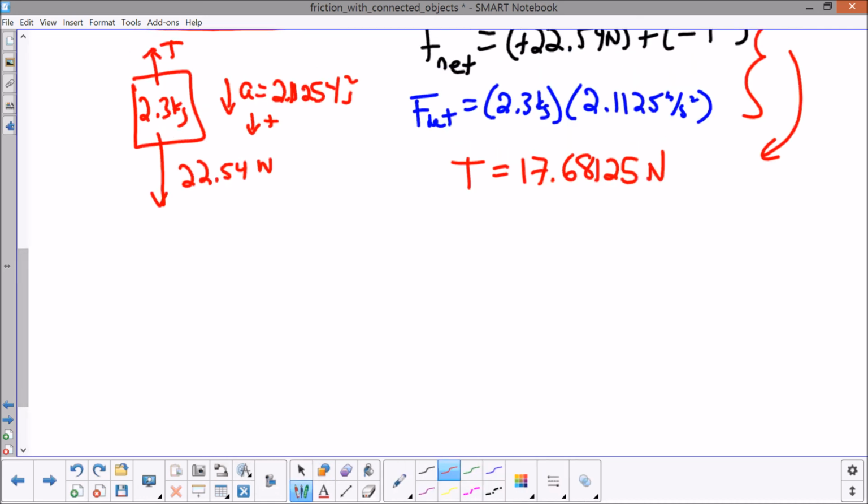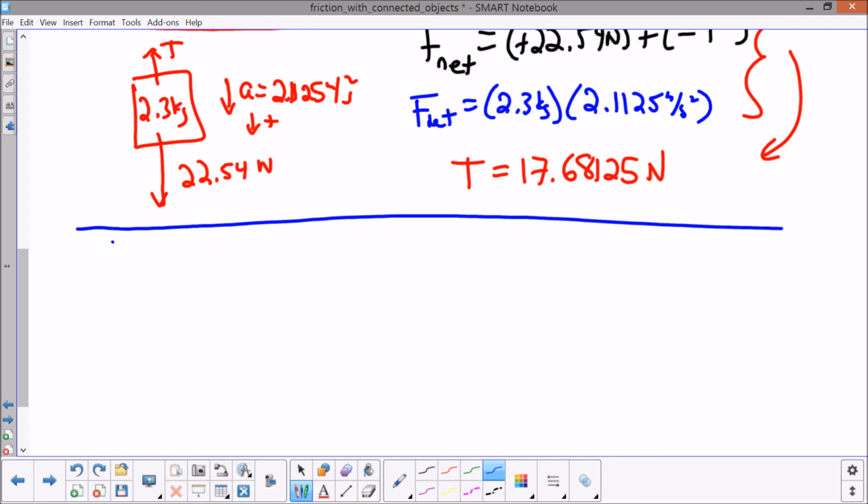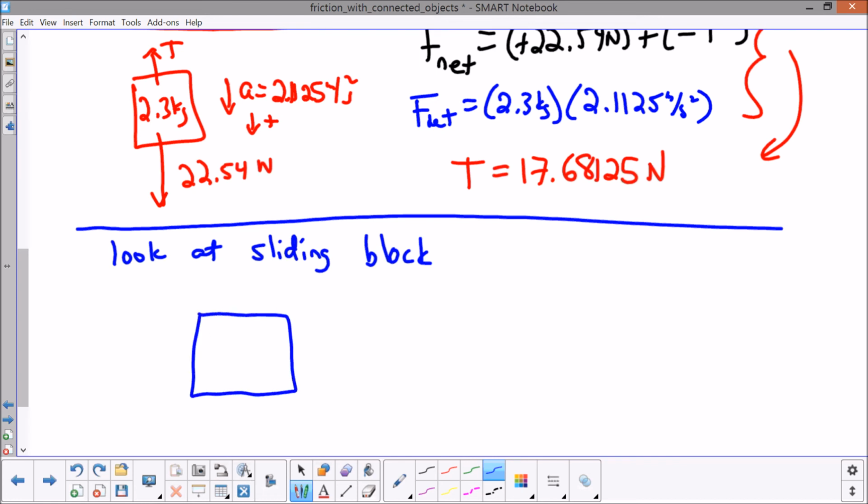The next thing to do is to look at the sliding block. The sliding block has a mass of 3.6 kilograms.